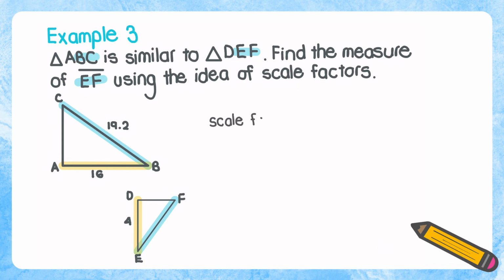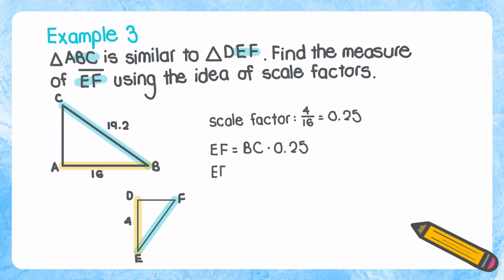So let's first find the scale factor. The scale factor is going to be the corresponding side of the second triangle, so 4, over the corresponding side of the first triangle, 16. 4 divided by 16 equals 0.25. So our scale factor is 0.25. To find the length of side EF, we simply multiply the length of side BC by the scale factor, 0.25.